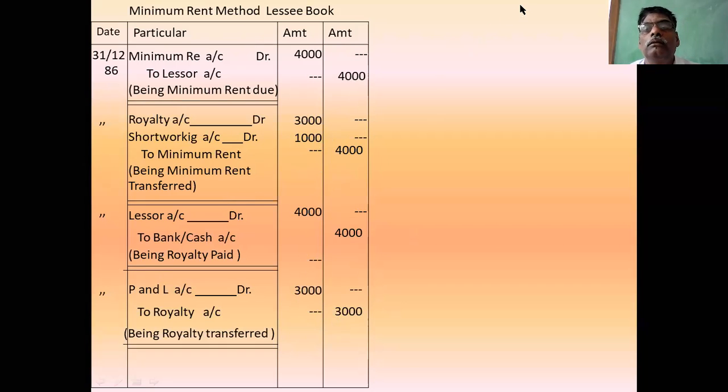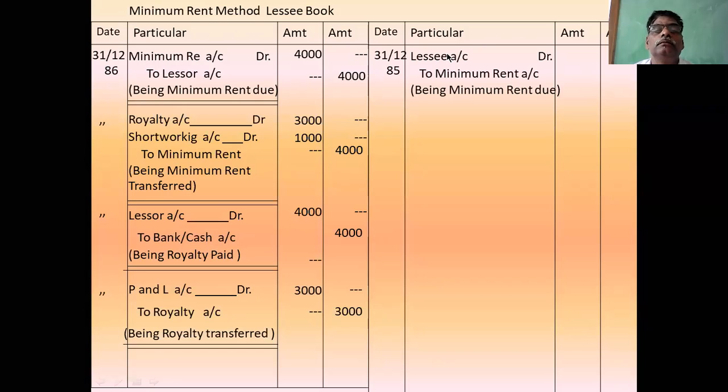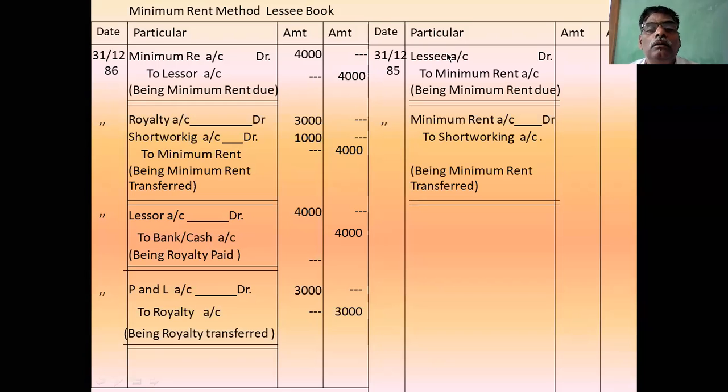In the books of landlord, you see the journal entry. Opposite of these: lessee account debtor to minimum rent account. Minimum rent account debtor to short working and to minimum rent account.